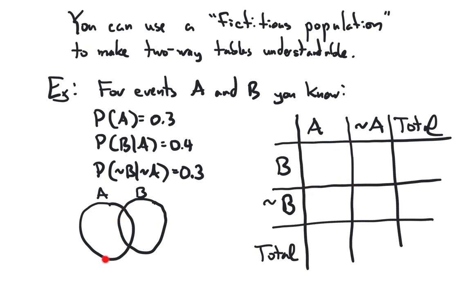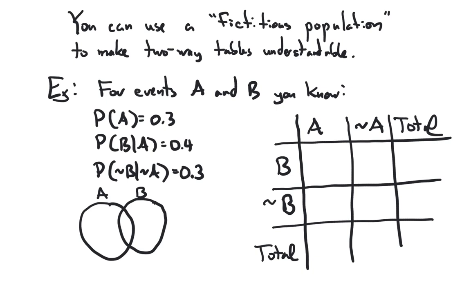This region where you're in A but not in B corresponds to this region where you're in A and not in B. Similarly, this region here corresponds to being in B but not A, so that corresponds to that. And then finally, being in neither B nor A corresponds to outside of my Venn diagram, so not being in it at all.